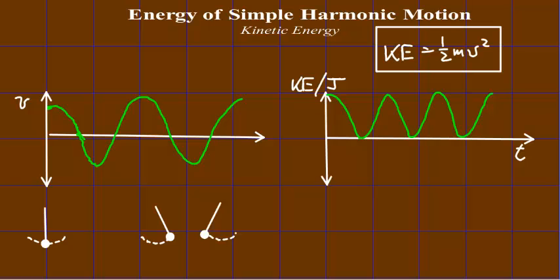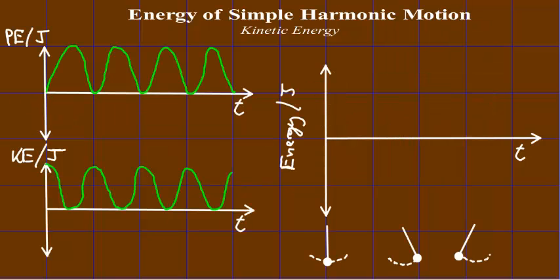What we're going to do now is take the kinetic energy and potential energy and look at them at the same time. Let's look at that on the next screen. Right here, I've sketched them underneath each other so you can see how they line up. Now remember, in our particular example, the position went as the sine, right?